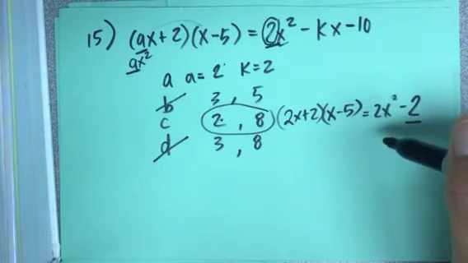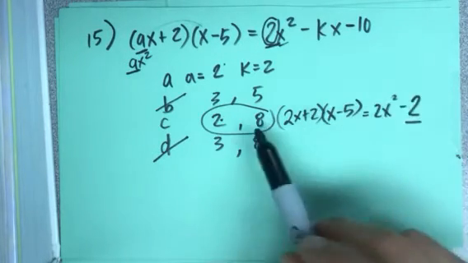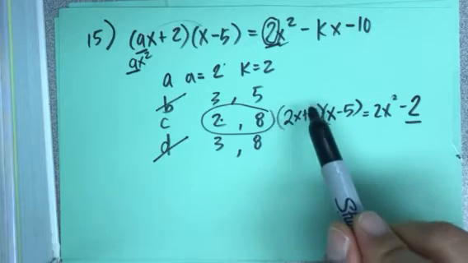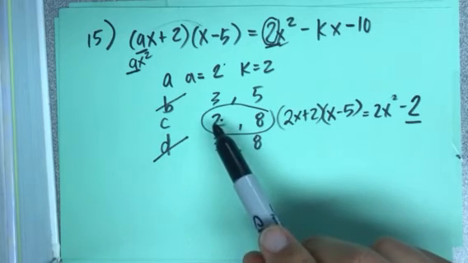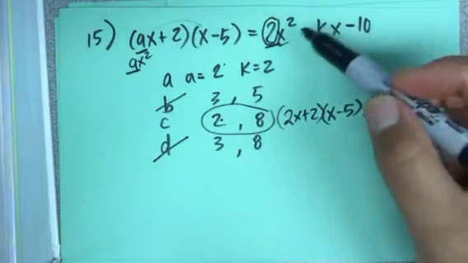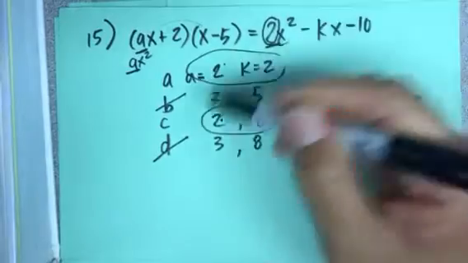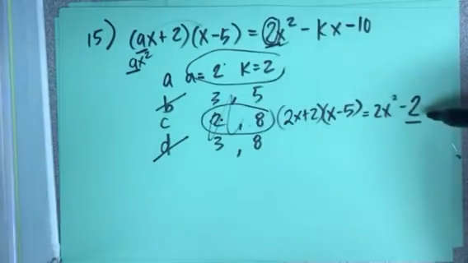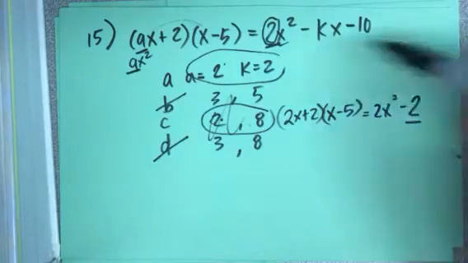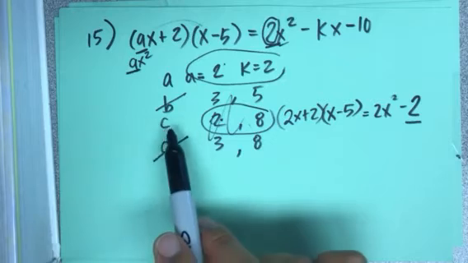Hold on, I'm confusing myself. Okay, I see what I'm doing. I'm plugging in this k right here. Sorry, I'm doing this one, not this one. So if we plug that one in, if these two equal each other, then we'll know that that one is the correct one. If that one doesn't work, then we know through process of elimination that this one is going to be the correct one.